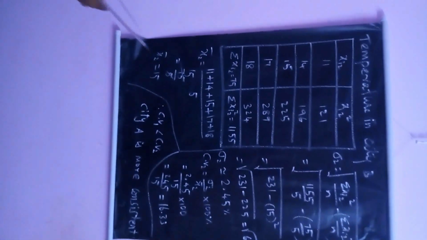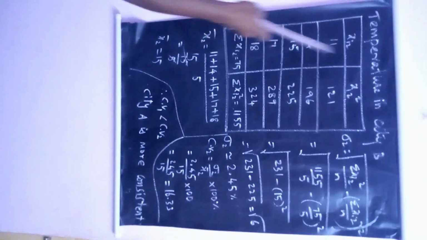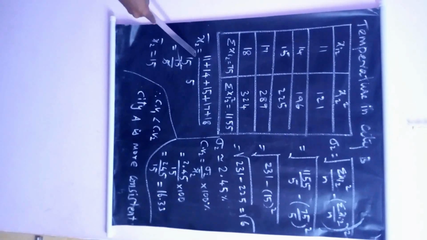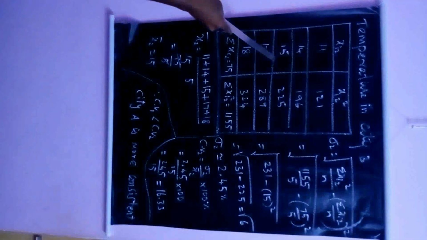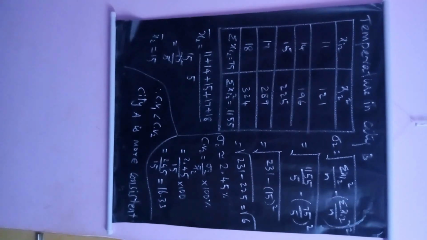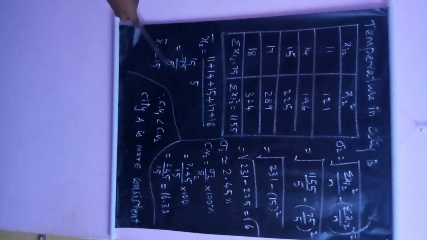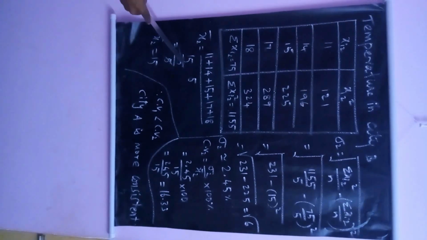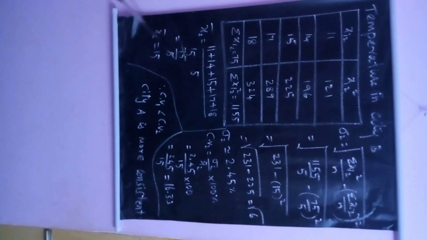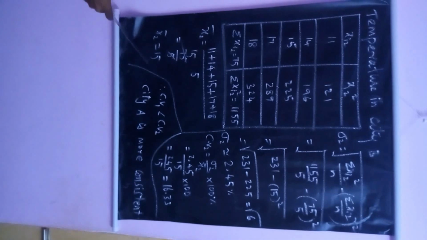Next, x2 bar, the mean of the temperature of city B, equals 11 plus 14 plus 15 plus 17 plus 18 divided by 5, that is 75 divided by 5. So the mean x2 bar equals 15.